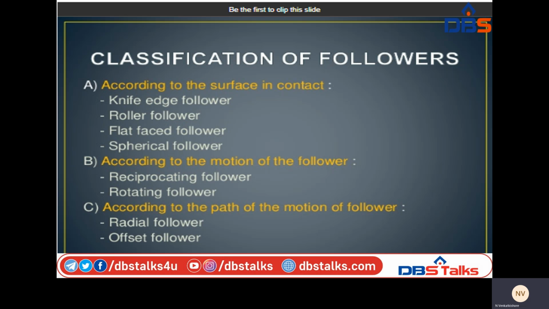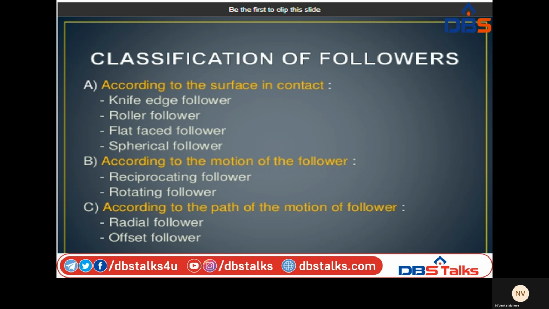So, some of the applications we have discussed: one is inlet and outlet ports, where fuel enters and, after burning is completed, the exhaust gases are eliminated from the engine through the outlet port. These two ports are operated by cam and follower. The other is the feed mechanism, the feeding operation in lathes and in spinning and weaving machinery.